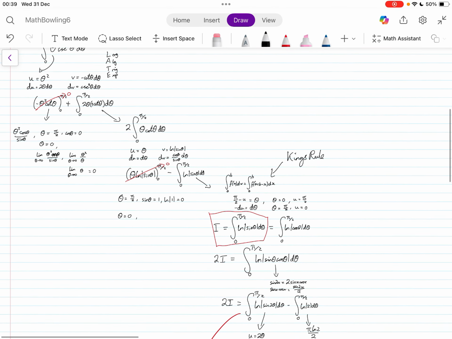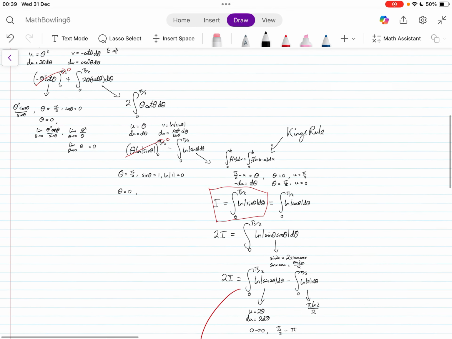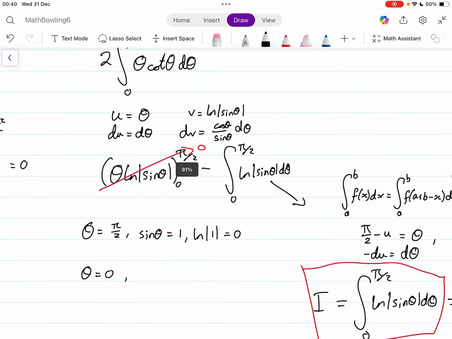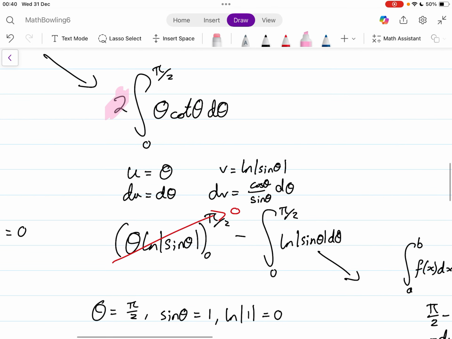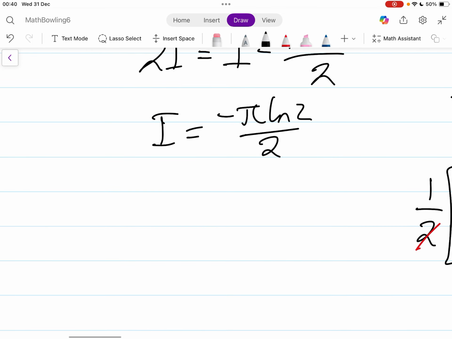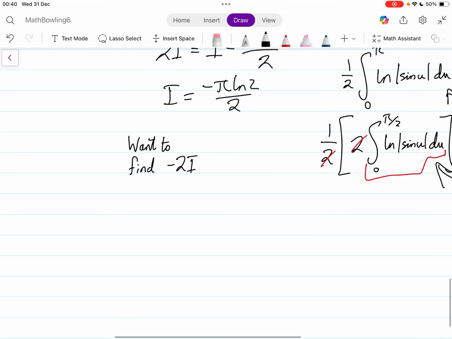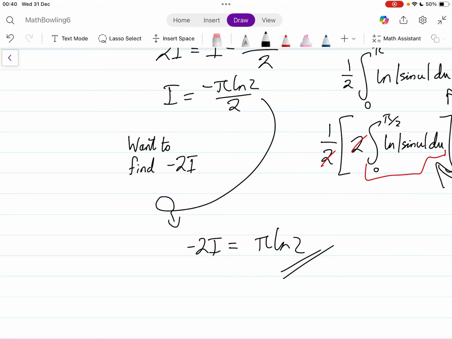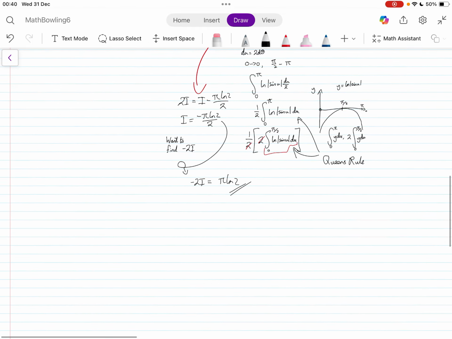And then all the way back up here, where is it? Yeah. This 2 and this negative. That's what we need to remember and bring down. So we want to find negative 2I. And then, negative 2I is just pi ln 2, which is the answer to our integral.